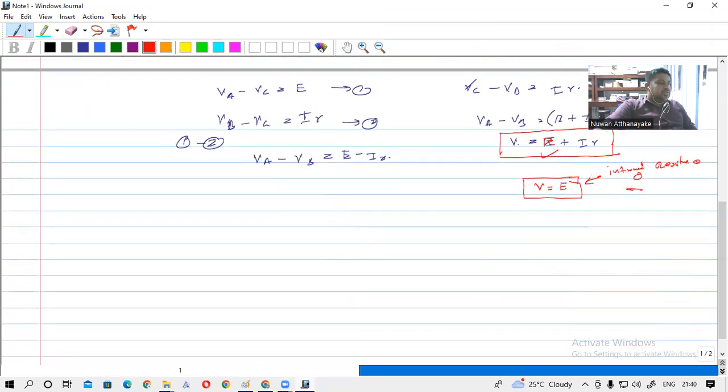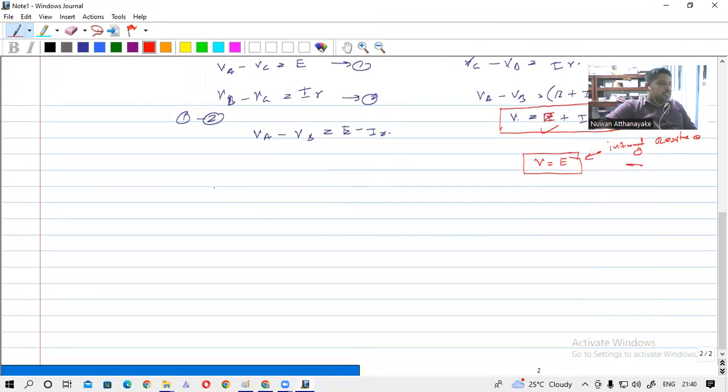So as a homework, try to find this one. I will change the direction of the battery like this, the same one. Here, let's say that it is E1. This is capital R. The internal resistance is R1.